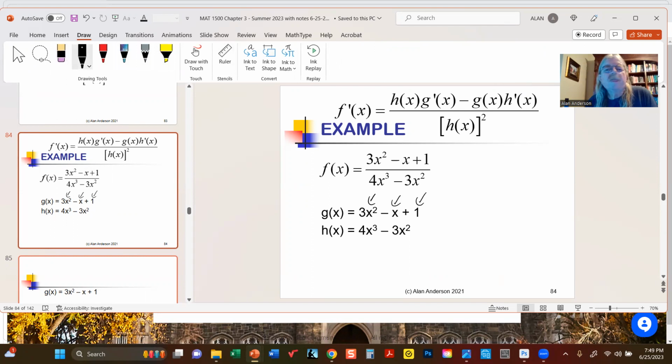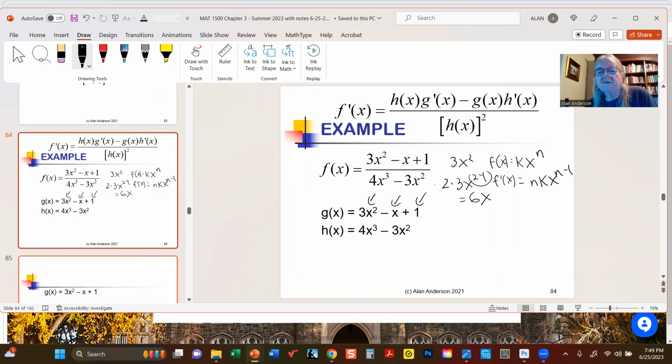So if you have 3x squared, again, just to get some practice, the derivative is nk x to the n minus 1. In this case, that would be 2 times 3 x to the 2 minus 1, or simply 6x, because the exponent here is 1.